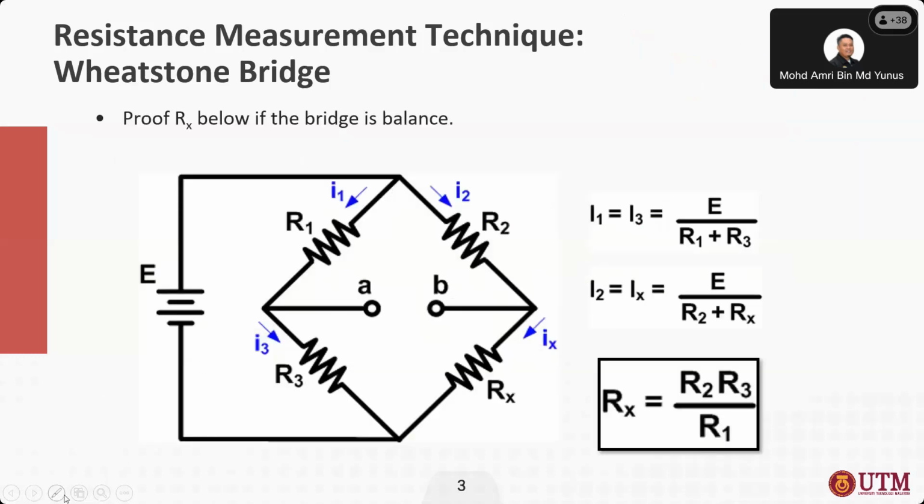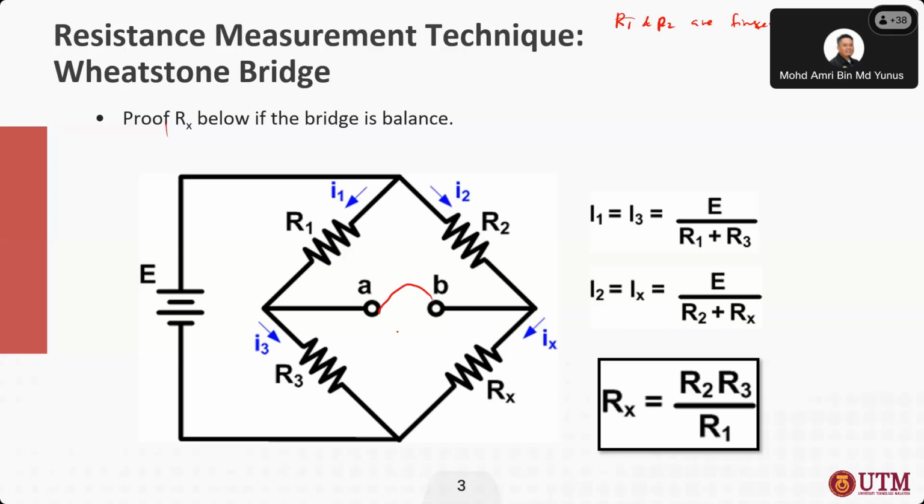So here is another example of a Wheatstone Bridge. R1 and R2 are fixed resistors.